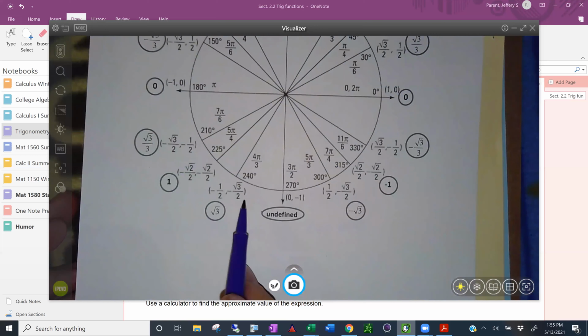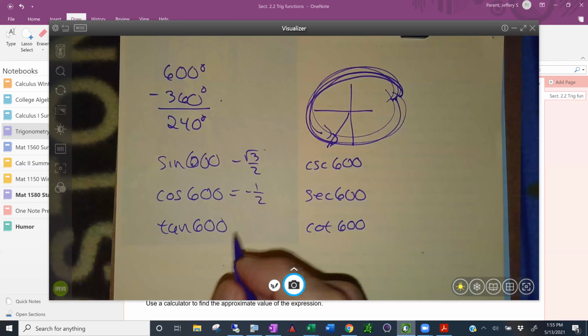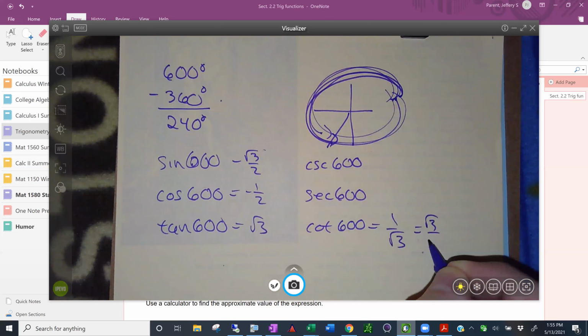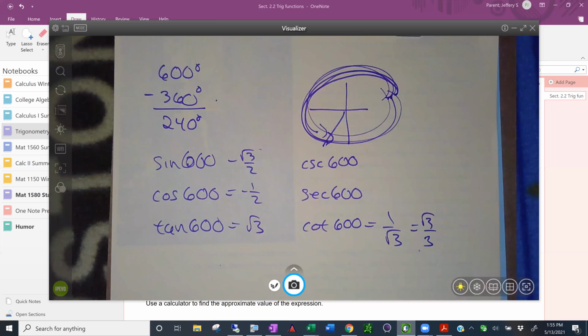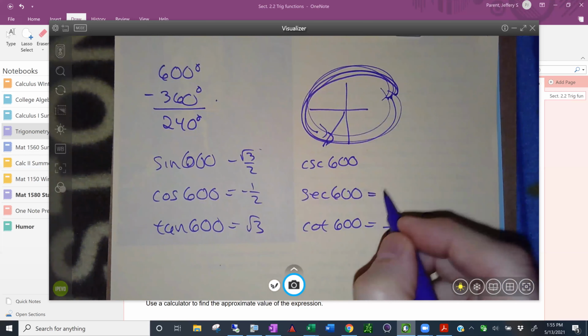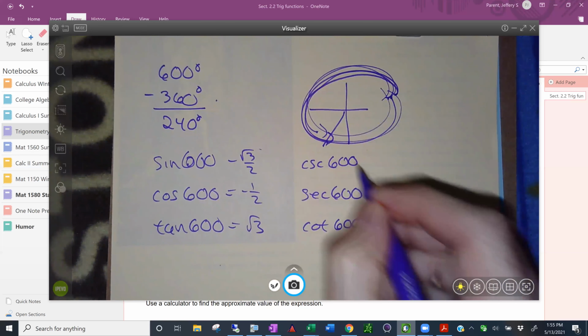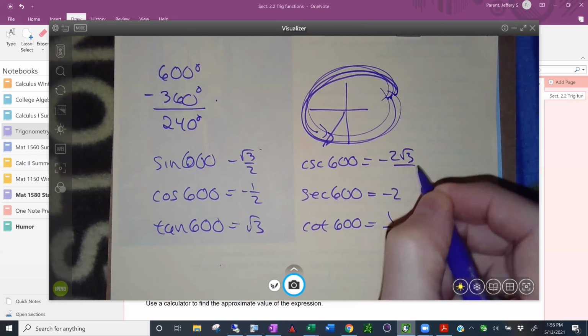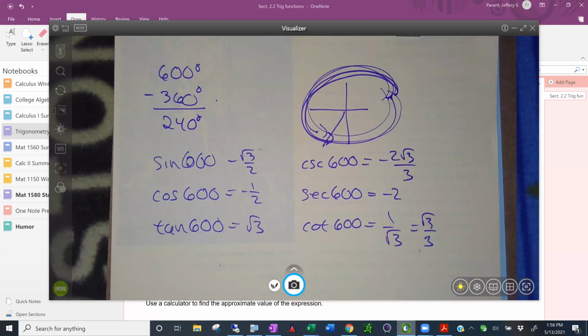It's the ratio of this one to this one, but that's already given to you as a square root of 3. The reciprocal is going to be 1 over the square root of 3, which rationalizes like that. Reciprocal of negative 1/2 is negative 2. And the reciprocal here is negative 2 square roots of 3 over 3. Done. I did the rationalizing for you.